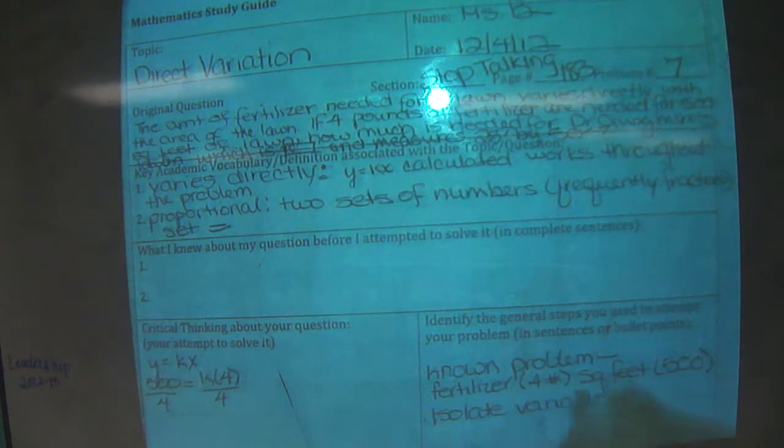And what we did was we put it in a direct variation problem. Okay, so we're going to divide both sides by 4. And we're going to isolate the variable. So K, how many 4s in 500?